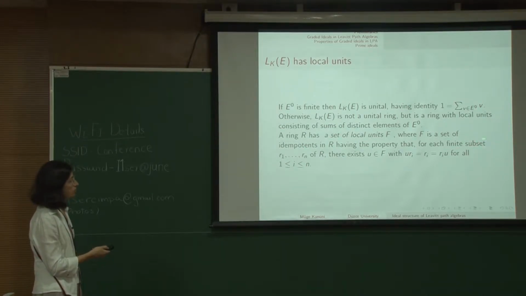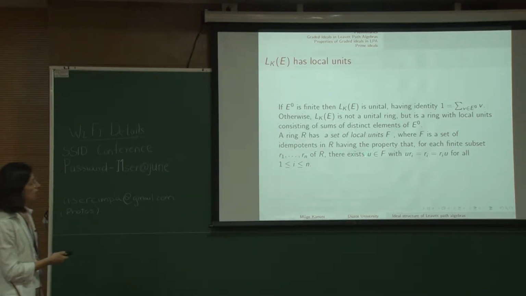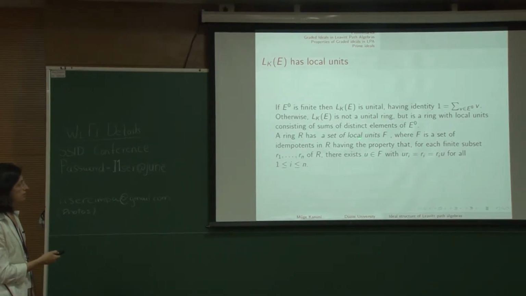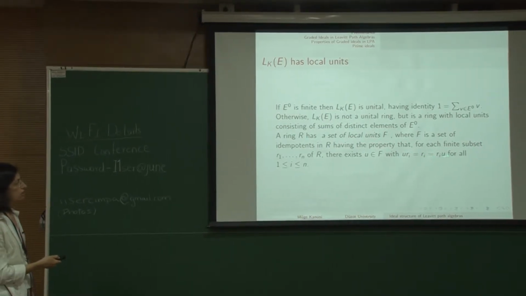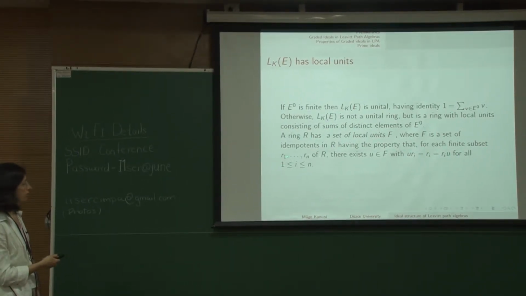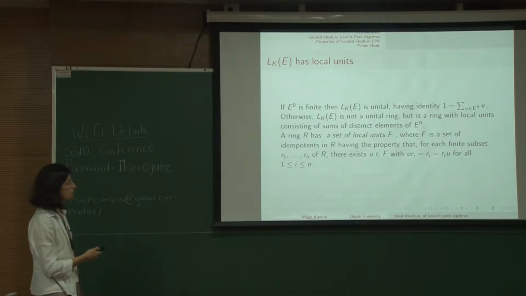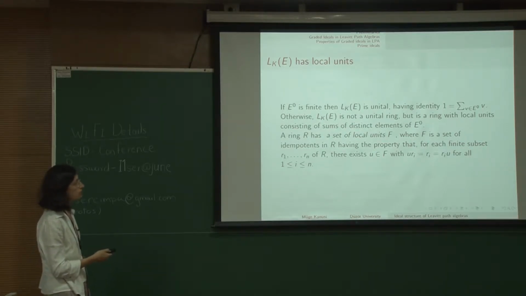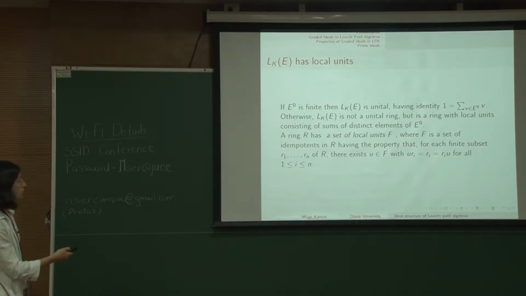F has the property that if you take a finite subset of elements r_1 through r_n of R, then you can find a local unit u in F such that u r_i = r_i = r_i u for every element here. So, depending on the finite set r_1 through r_n, you can find a different u that satisfies this equation.